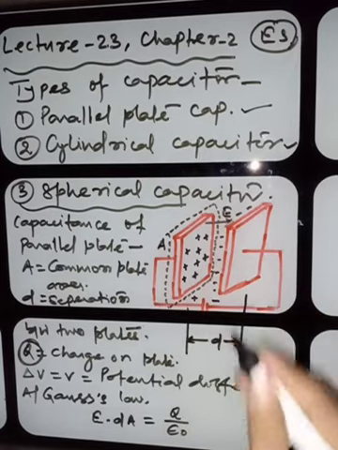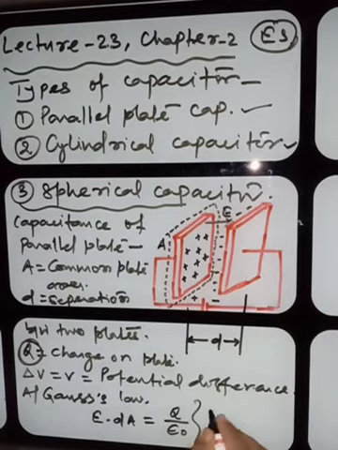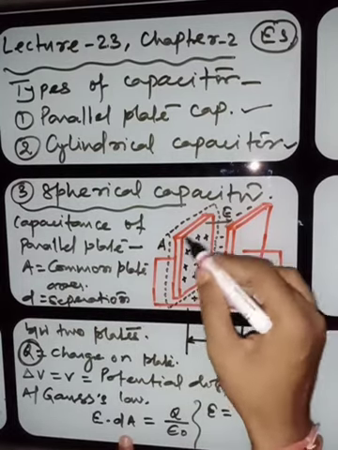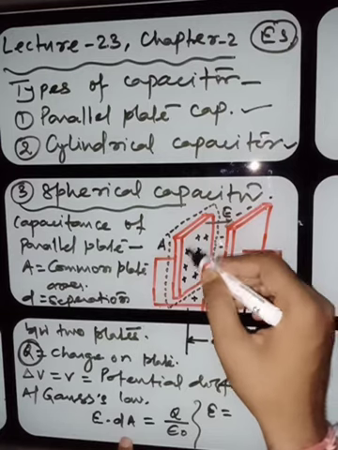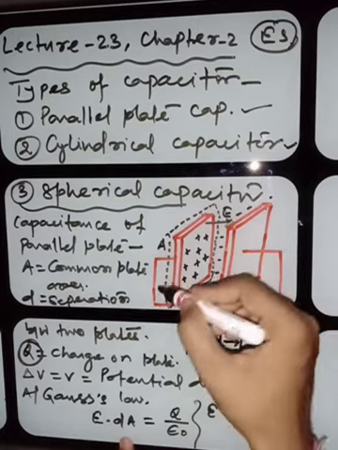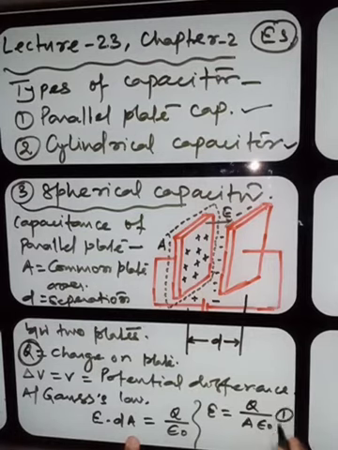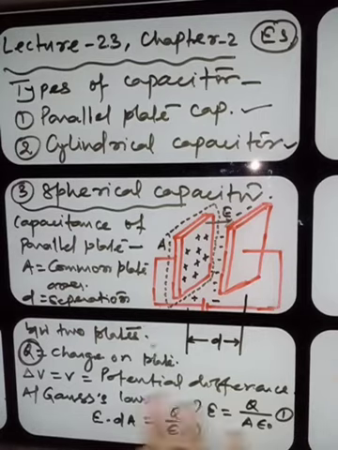Now we can find the electric field. Integrating the elemental area dA, you get the total area of the plate. So we can write E equals Q by A epsilon naught. Equation 1. I don't think this is very difficult.